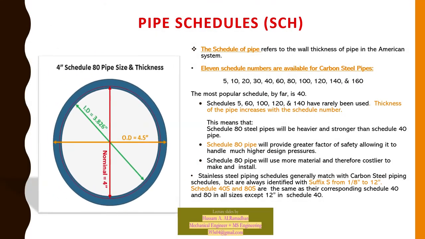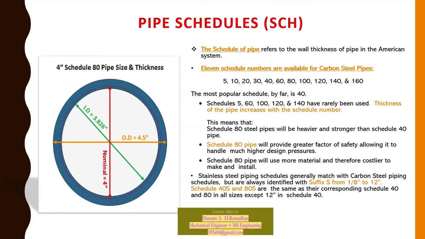Pipe schedule. The schedule of the pipe refers to the wall thickness of the pipe in the American system. Eleven schedule numbers are available for carbon steel, from 5 to 160. The most popular schedule by far is schedule 40. Schedules 60, 120 and 140 have rarely been used. Thickness of the pipe increases with the schedule number.